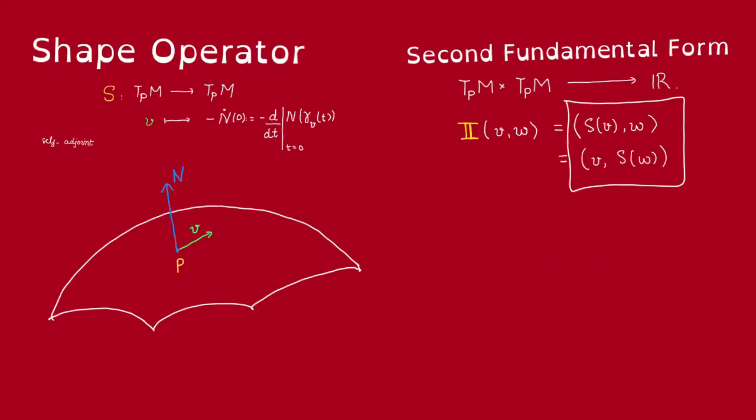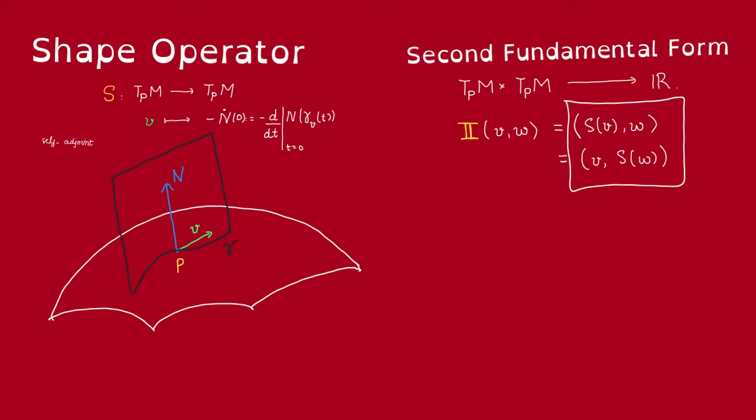Let's recall the definition of the shape operator. For every vector v, what does the shape operator send v to? S of v is just going to be minus the rate of change of this normal vector field in the direction of v. More concretely, we can take a normal plane through P in the direction of v, and then look at this normal section gamma.